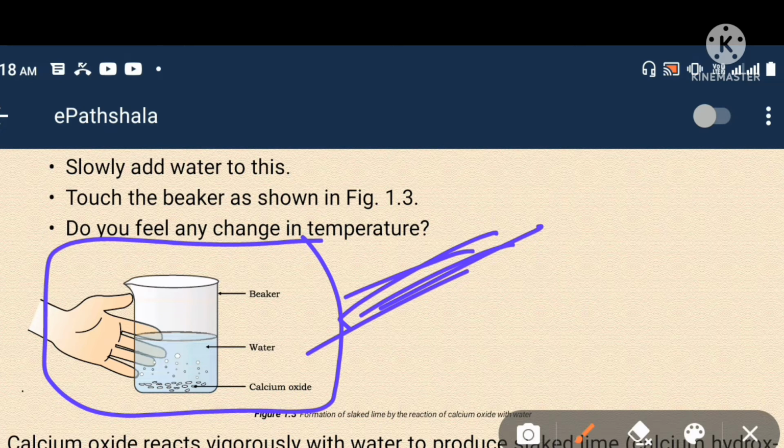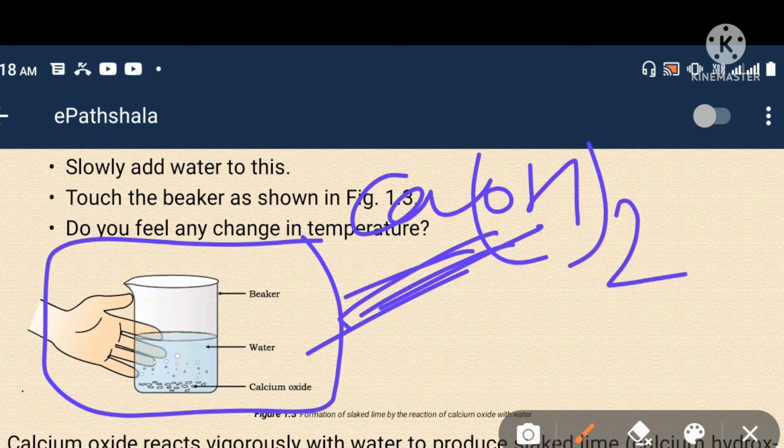Because calcium hydroxide reacts slowly with carbon dioxide in air to form a thin layer of calcium carbonate on the wall. Calcium carbonate is formed after 2 or 3 days of whitewashing and gives a shiny, attractive finish to the wall.